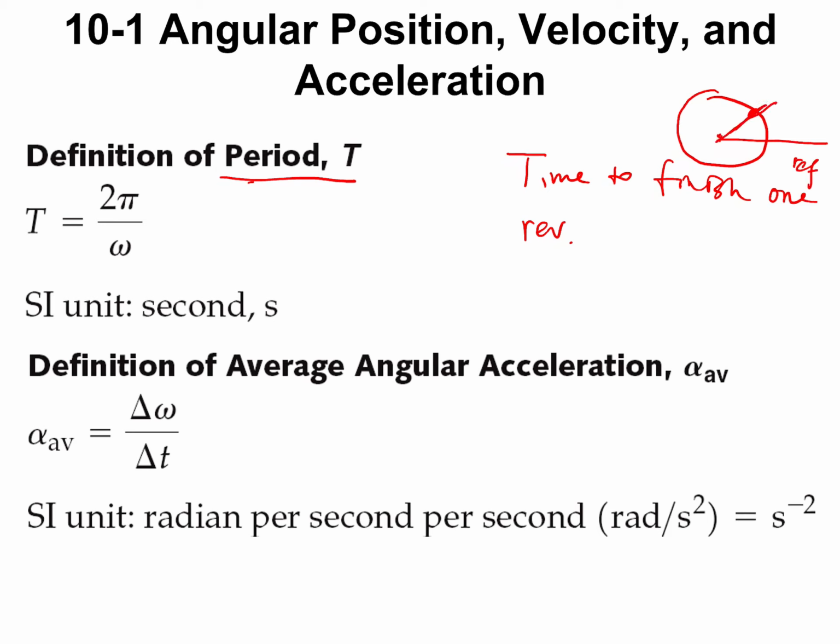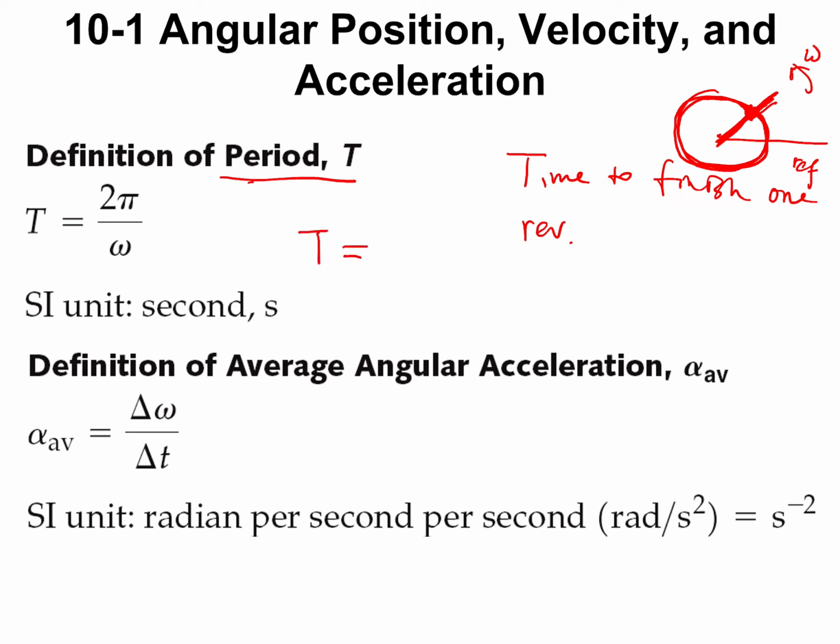This is the position, and the time. Assume this whole thing rotates counterclockwise. Start from this point, and the time from here to rotate all the way back to its original position, this time to finish one complete circle is called the period.